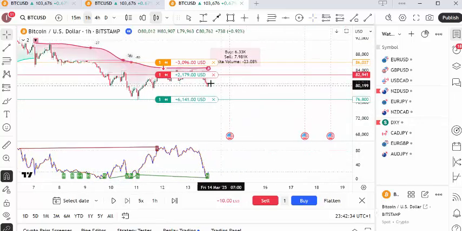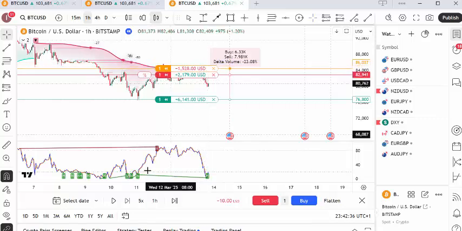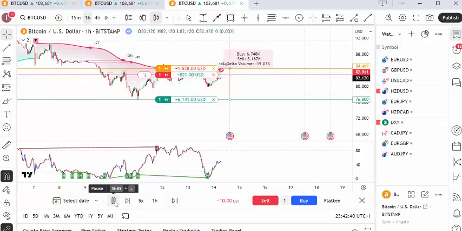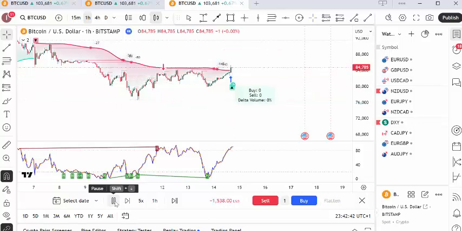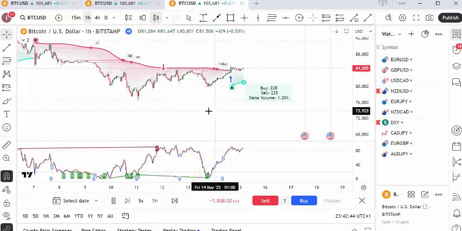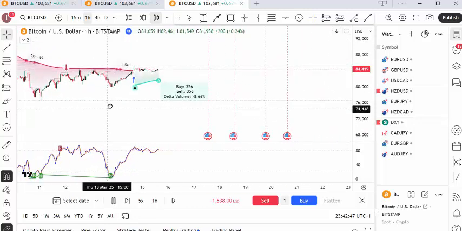Okay, so let's start bringing our stop loss to break even slowly. All right, we are there. So we got cooked. So we'll wait again.